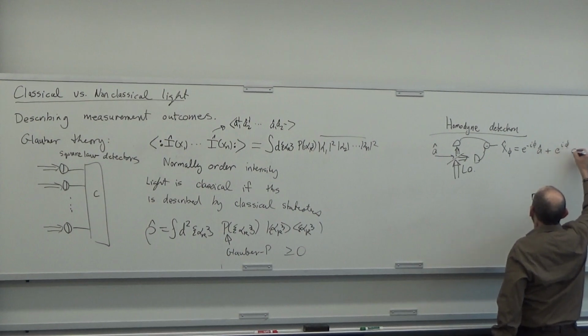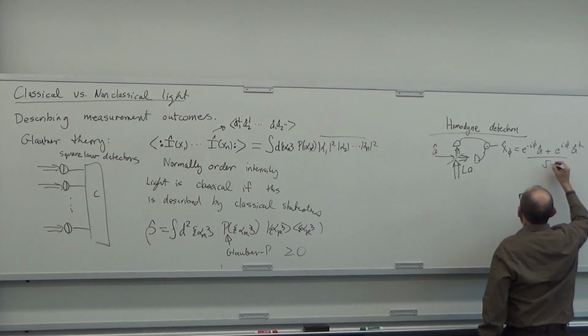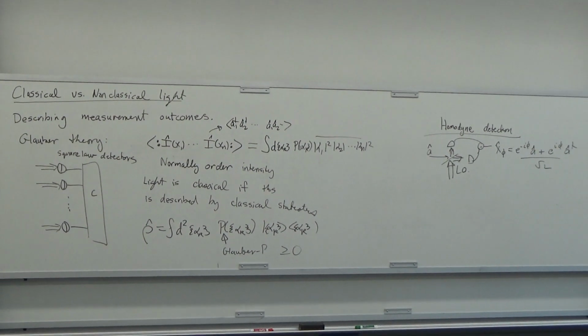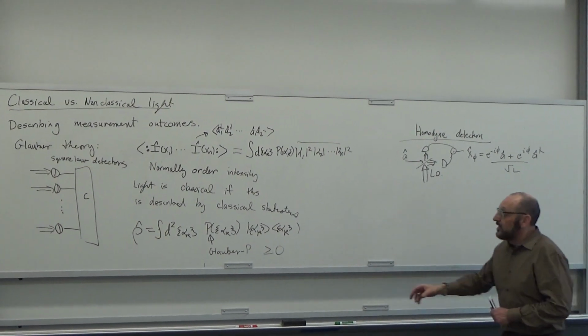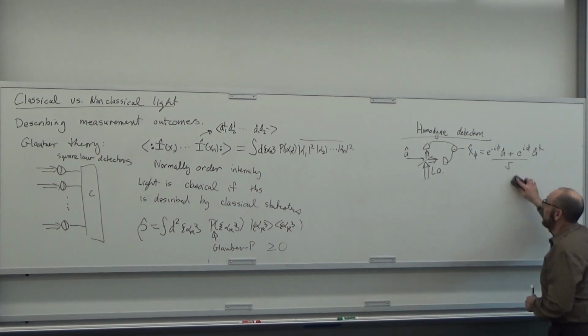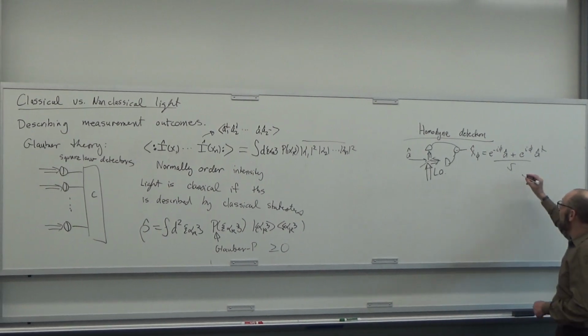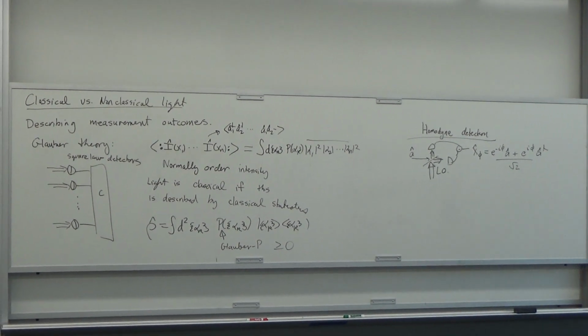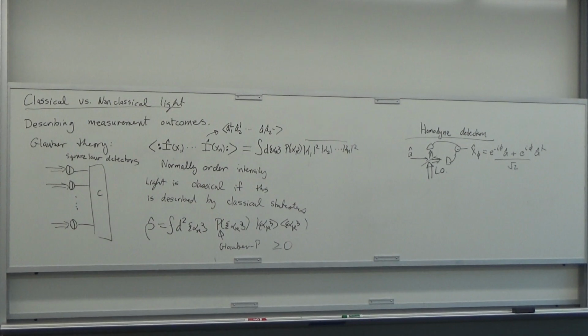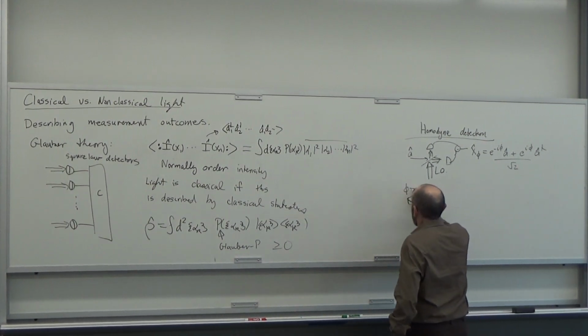The quadrature. So this measurement, the measurement outcomes don't depend on the number operator. They depend on the quadrature. Right? For example, let's just set the phase to 0.